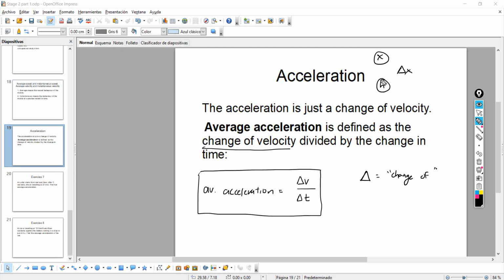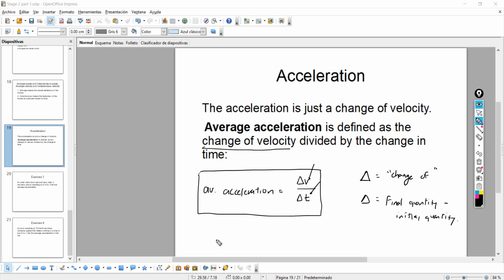If I represent height with the variable h, this would mean change of height, and so on. And the formal definition of this symbol is the following. It's basically the final quantity minus the initial quantity. What quantity? Whatever quantity you have next to it.